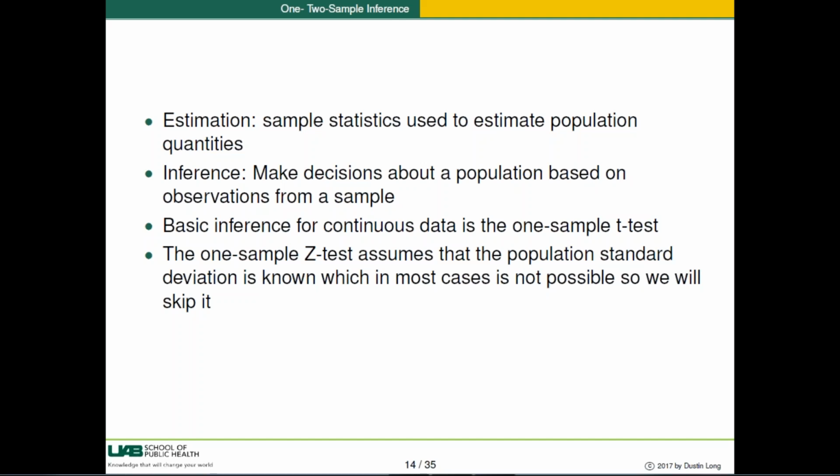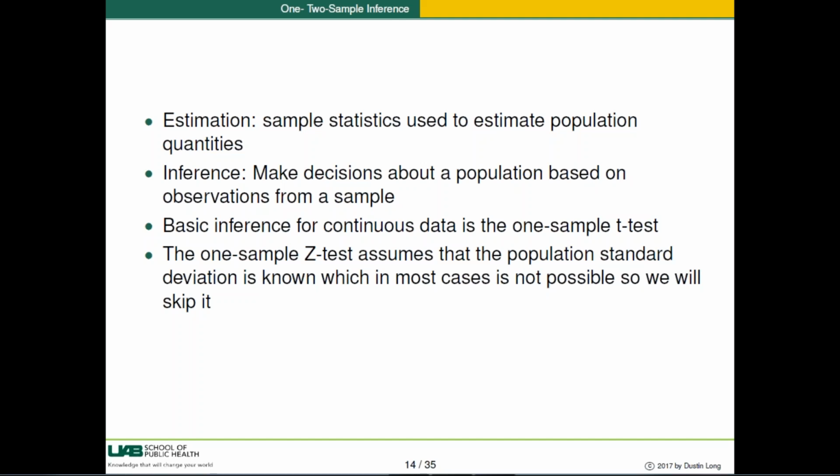So, if I just sampled UAB hospital, my population kind of gets forced to being something like all babies born at UAB hospital, not all babies born in the United States. That's why you have multi-center trials or multi-site trials, so you kind of get at a bigger population. But that would be the population, meaning the group you want to talk about. But I can't talk about all of them, so I have to pick a smaller, and that would be my sample. All babies born in the month of August, because that's when my money came in.